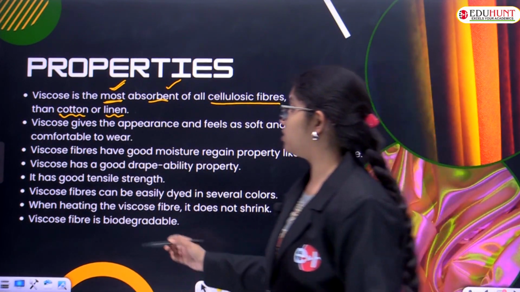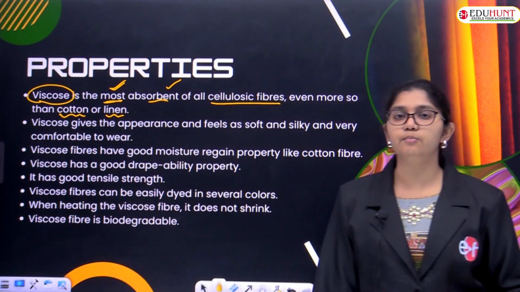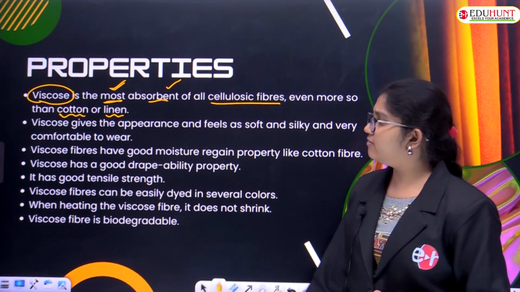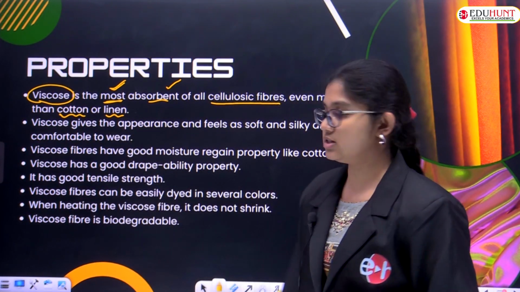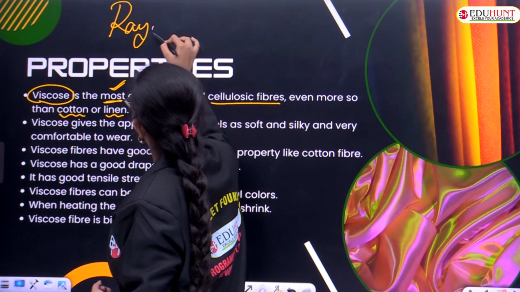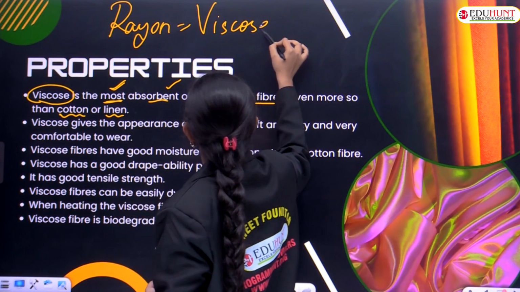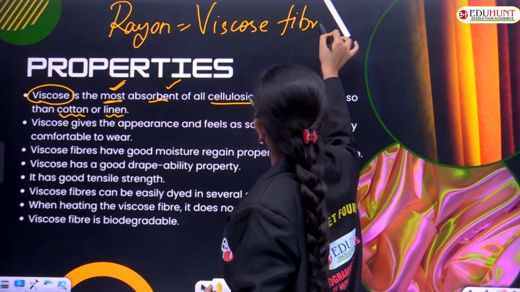So viscose has that main property of absorbing moisture and sweat. Viscose is nothing but rayon. Rayon is also called viscose fiber.